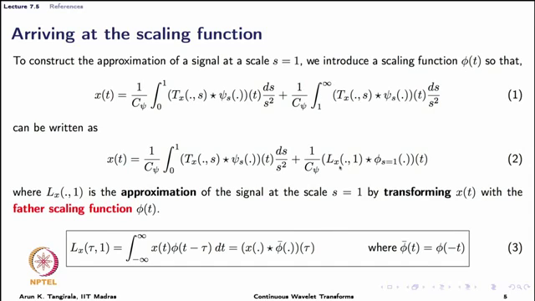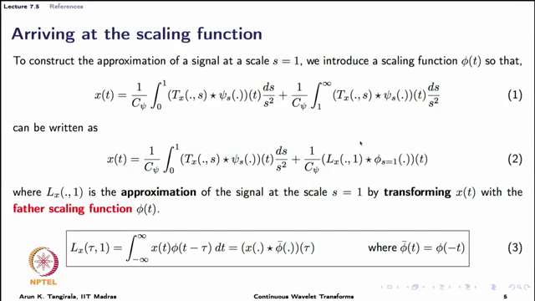This dot here essentially means it is a dummy variable, the position for the translation parameter. So, what we are saying is that this integral from 1 to infinity, the convolution of T with the scaled wavelet, ds by s square, is now going to be L convolved with phi at scale 1, and that is about it. And then of course 1 over C psi remains.